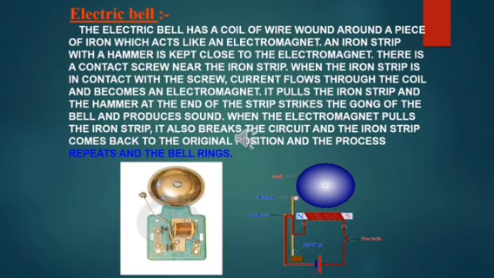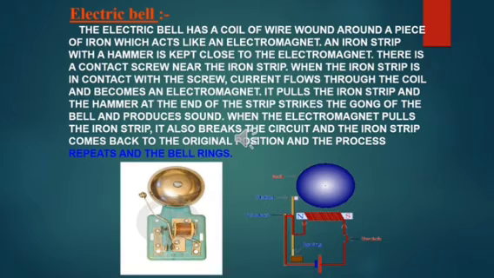So in the process, the current flows through the coil and it becomes an electromagnet. It then pulls the iron strip. So in that process, what happens? The striker will hit the bell. Correct? The striker will hit the bell to produce a sound.